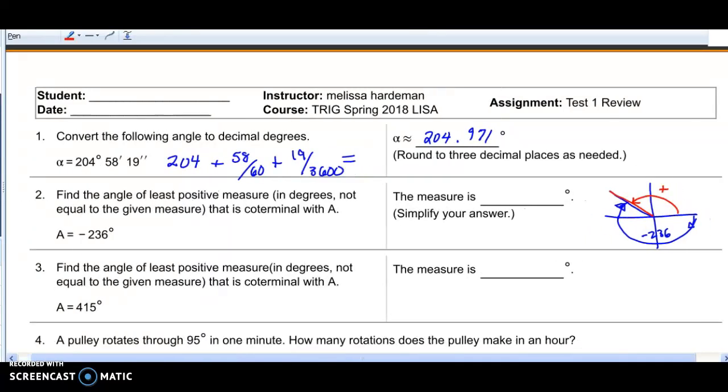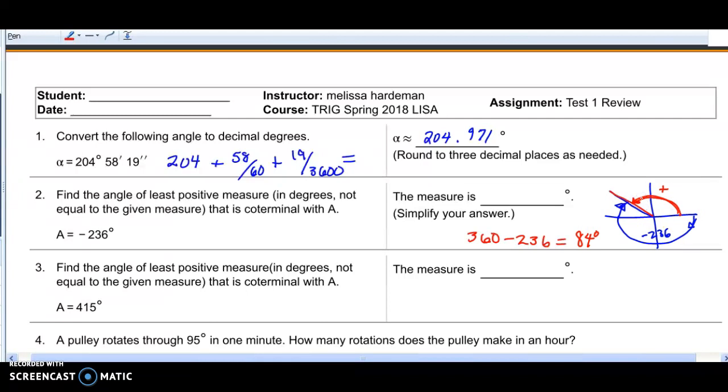Well, if I take 360 degrees and subtract from that the 236, that will give me the amount that's left over right here in the red area. So if I subtract those two, I get 84 degrees. So the angle from here to here is 84 degrees.